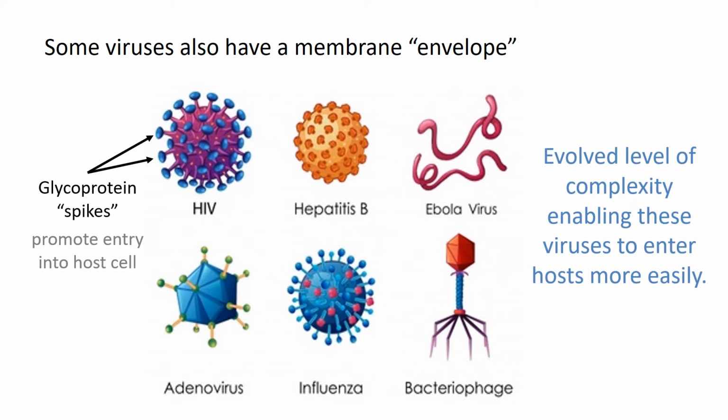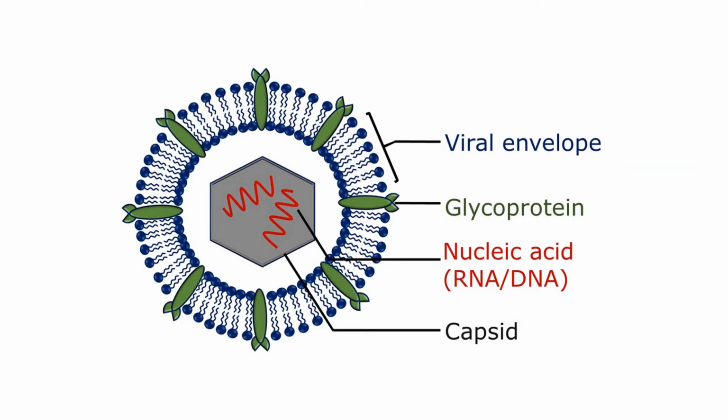This is an evolved level of complexity that enables these enveloped viruses to enter hosts more easily than non-enveloped viruses can. Here's an example of an enveloped virus. We have the same nucleic acid surrounded by the protective capsid in the middle, but here we've just added this viral envelope around the outside.